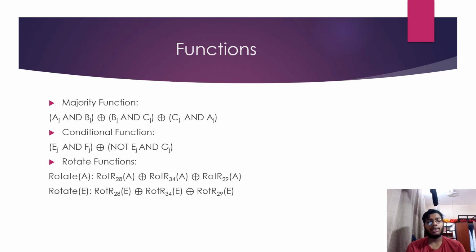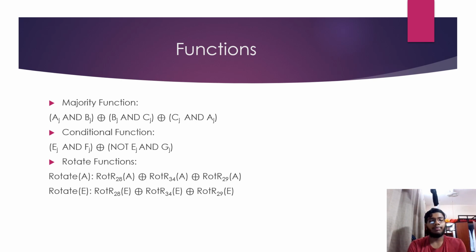A and B will be 0, B and C will be 0, C and A will be 1. So we XOR 1, 0, or 0, 0, XOR 1, which is 1. So it returns the majority.